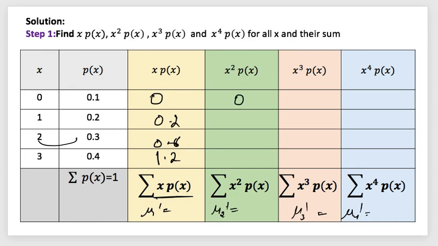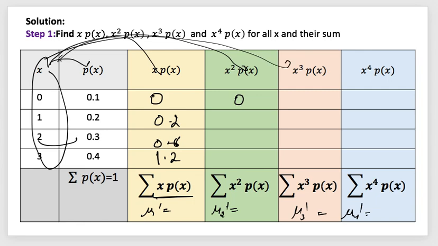For x square into p, we keep on multiplying x with the previous column, x with the third one, and in this manner we get the answer. So we will get 0.2 here and 1.2, then 3 into 1.2 is 3.6. Now we see 0, 0.2, then we have 2.4, and next is 1, 0.8.